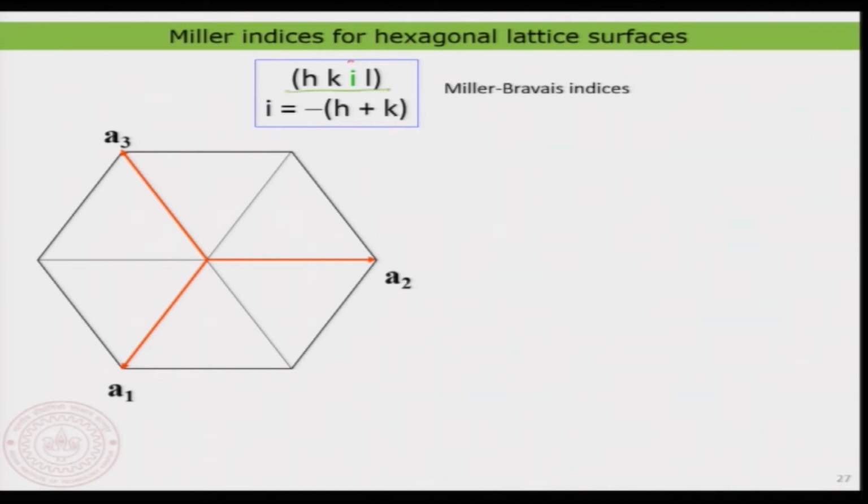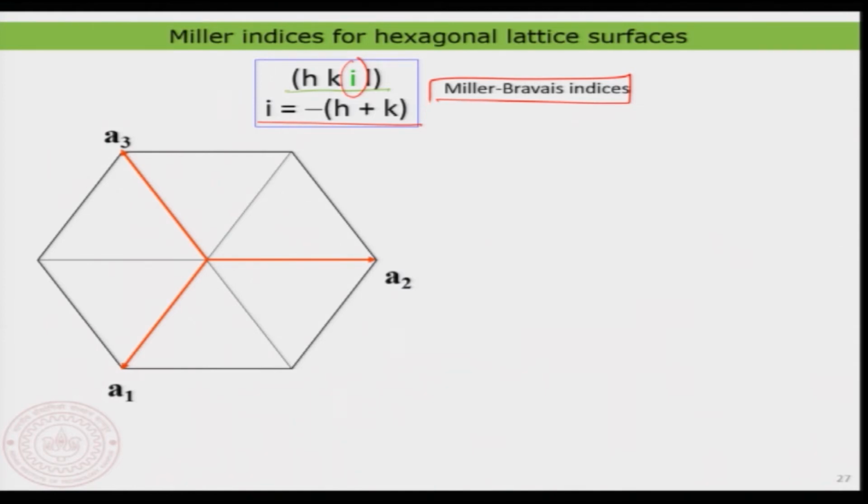We use an additional index, namely I, and it should follow this particular rule: I is minus of H plus K, that is, I = -(H+K). This typical representation is known as Miller-Bravais indices, and it is represented using 4 different indexes.